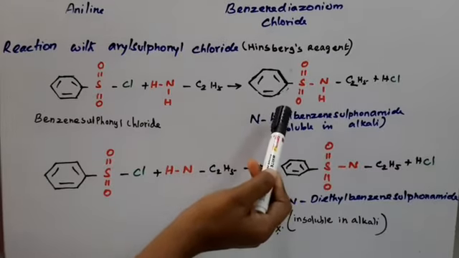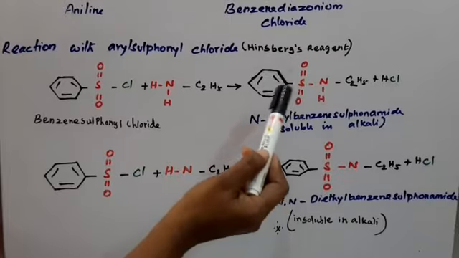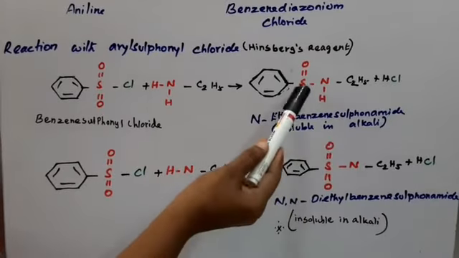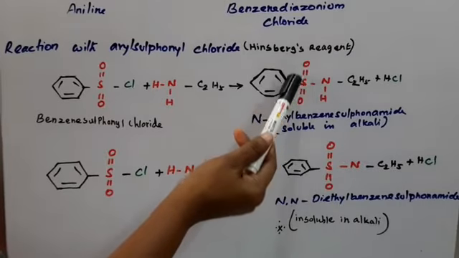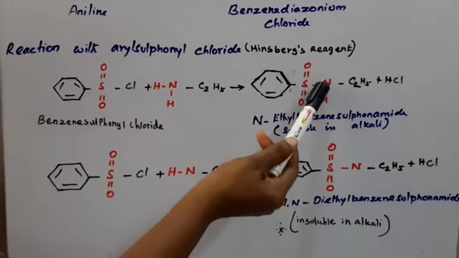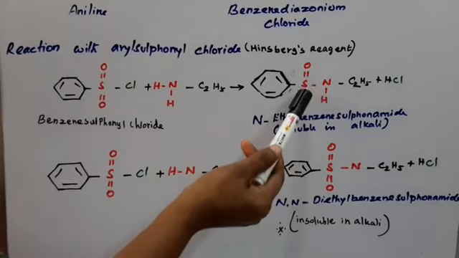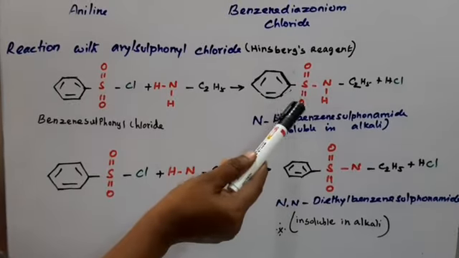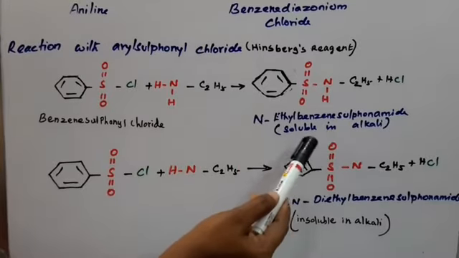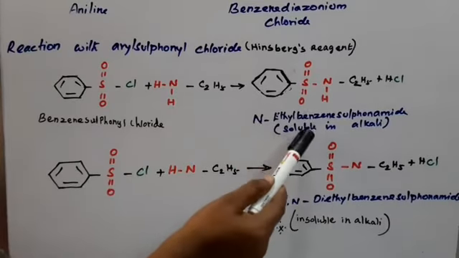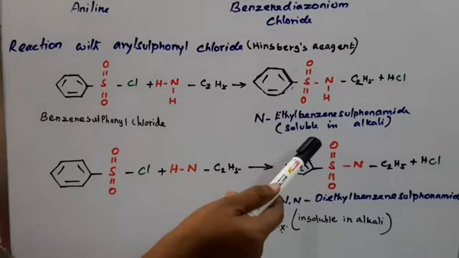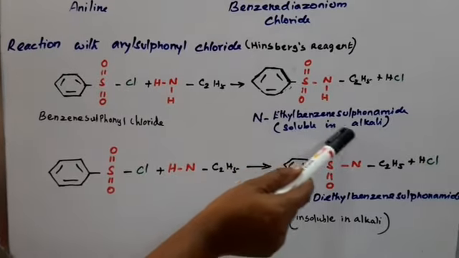We know that acids react with alkali to form salt. So the hydrogen on the nitrogen of this sulfonamide is acidic, it reacts with alkali to form salt, and so it is soluble in alkali.